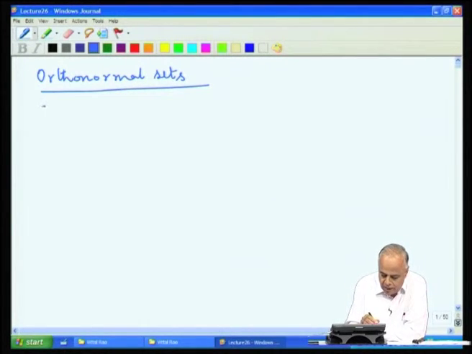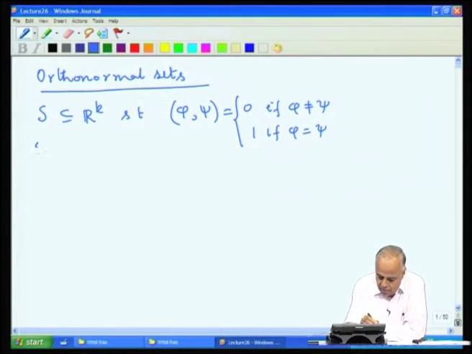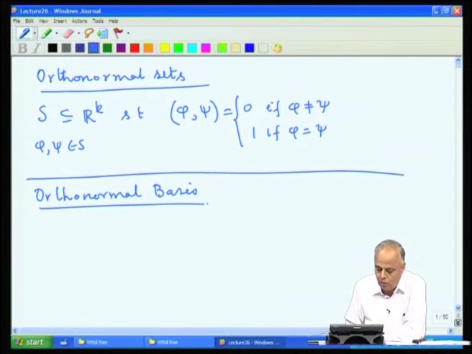Suppose we have a set S in R k such that the inner product of phi and psi is equal to 0 if phi is not equal to psi and 1 if phi equals psi, where phi and psi are in S, then we say S is an orthonormal set. And then we had the notion of an orthonormal basis. So, a basis which is an orthonormal set is called an orthonormal basis.